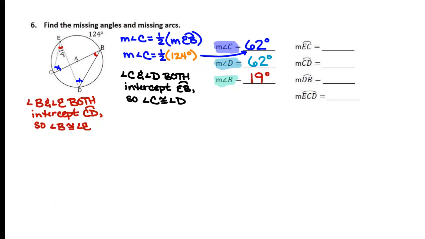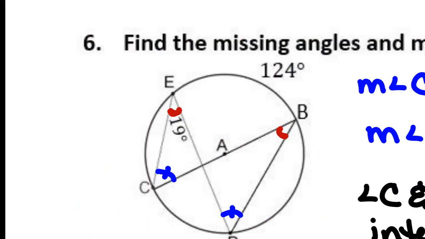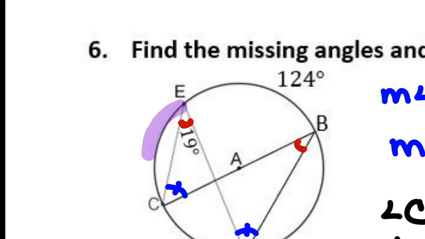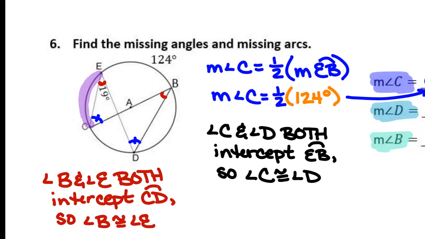All right. Let's go over to the right-hand column now and look at some of these arcs. The first arc they want me to find is EC. EC would be this arc right here. Do I have an inscribed angle that is intercepting that arc? Is there an inscribed angle that has its vertex back on the circle?